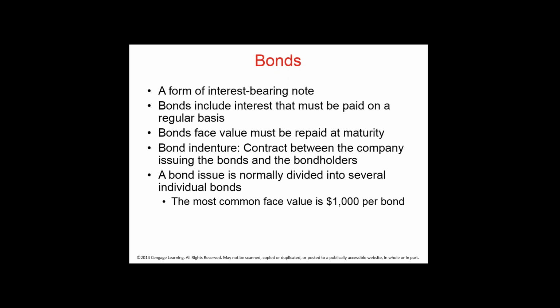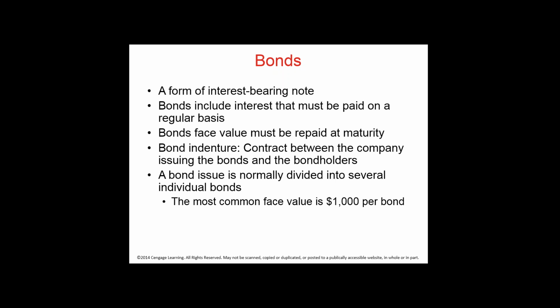Whereas a notes payable is one large amount that we owe to one person, a bond issue is divided into a number of individual bonds. The reason this is done, let's say a company needs to borrow $1 million to expand their plant. Getting $1 million from one lender can be difficult because whoever loans you the money has a large liability.